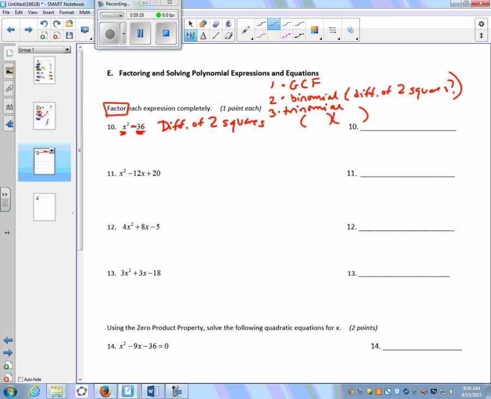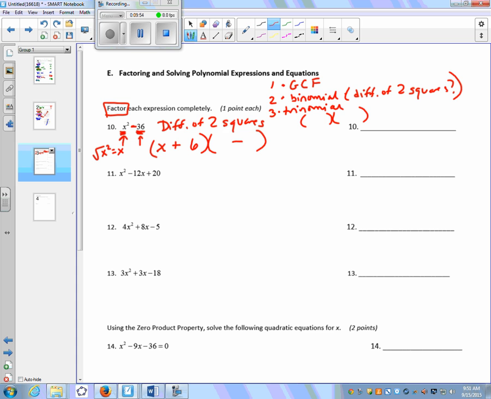A difference of 2 squares is always factored where one parenthesis has a plus in it and one has a minus. The first term in each parenthesis is the square root of the first term. So the square root of x squared equals x. And the last term in each parenthesis is the square root of this term.